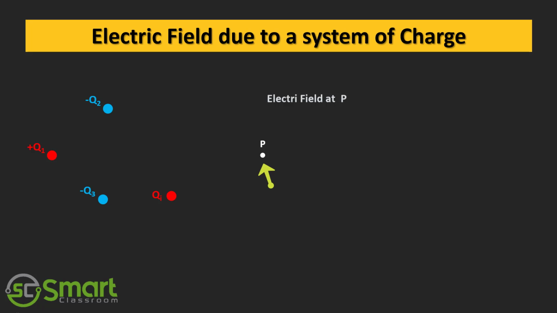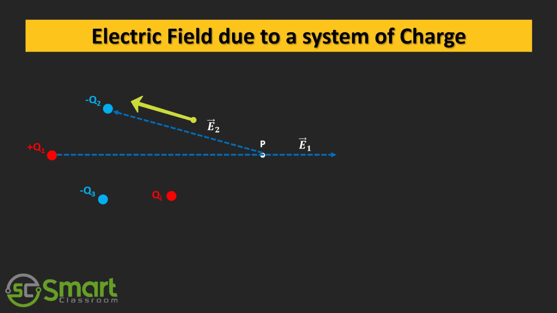We can say what is the electric field at P due to Q1 alone. If Q1 is positive, then this might be the representation of E1. If Q2 were negative, this might be the representation of E2, pointing towards the negative charge. And if Q3 were negative, then I would have a contribution of E3, and so on.